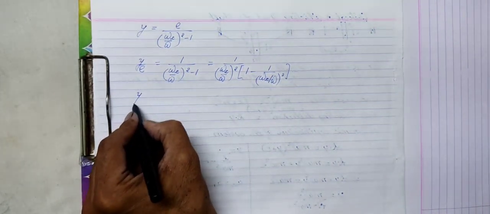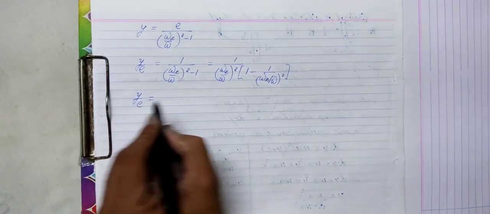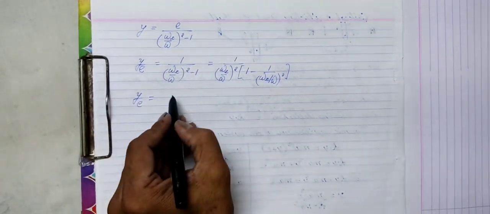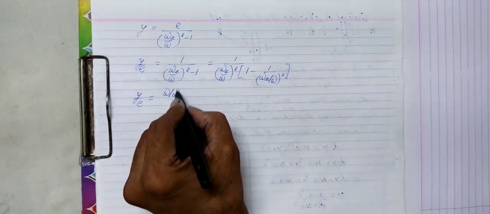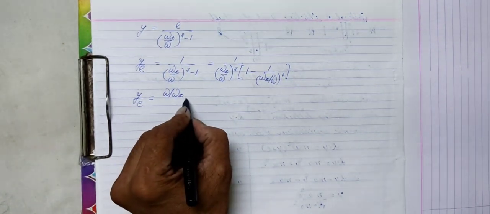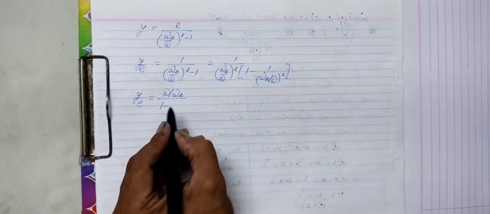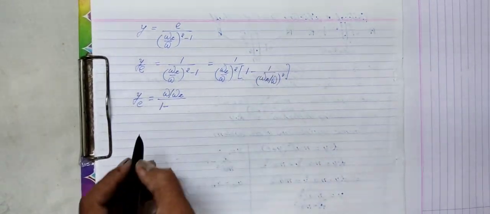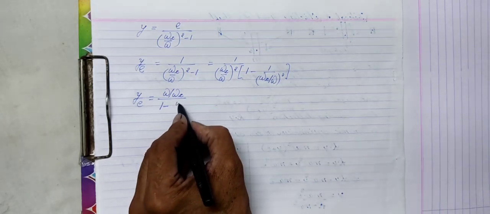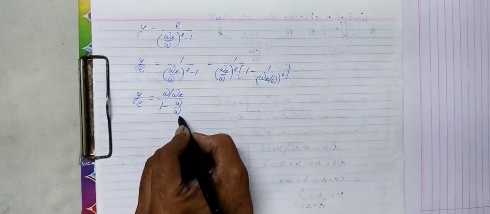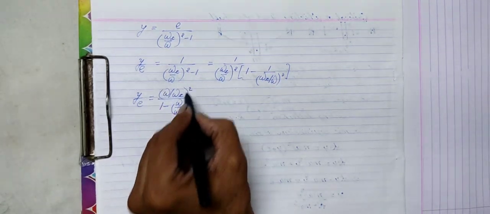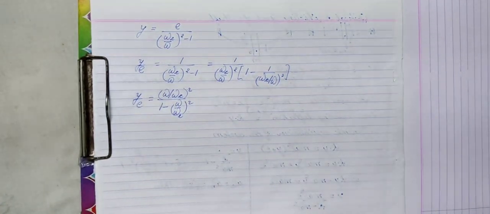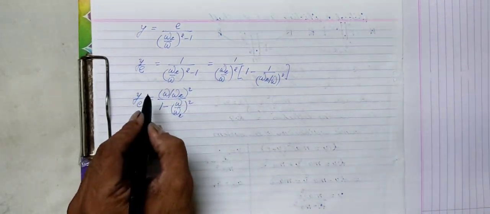So I can get y by e equal to, taking it to the numerator, omega upon omega c, square, upon 1 minus omega upon omega c square.